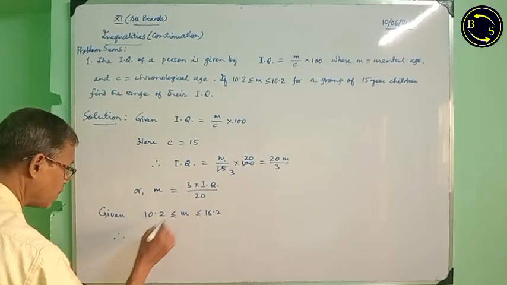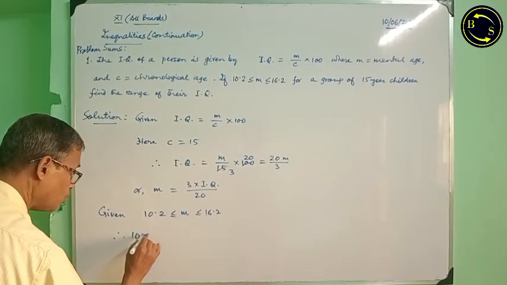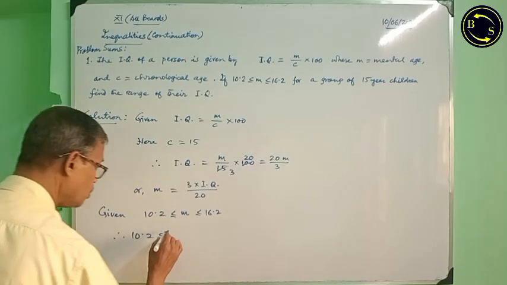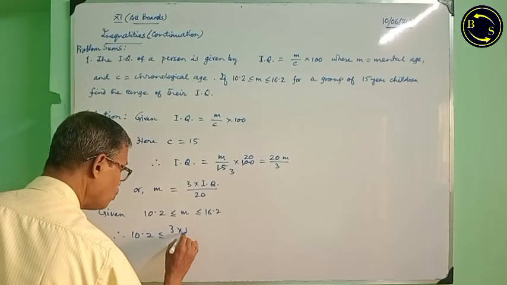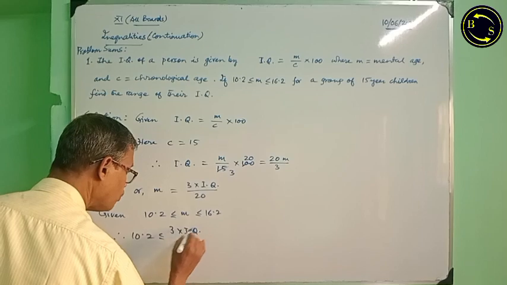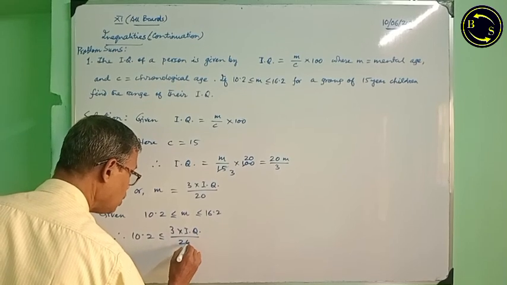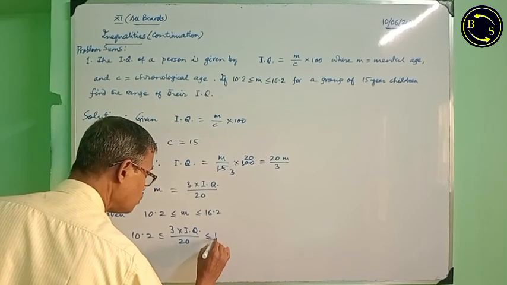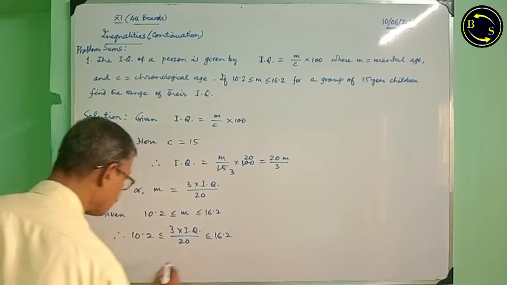Therefore, I replace now this value: 10.2 less than equal to 3 into IQ by 20 less than equal to 16.2.